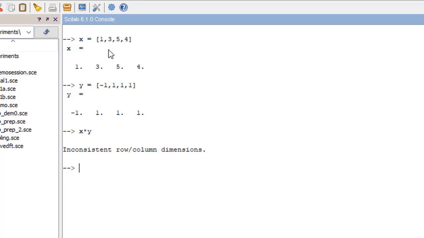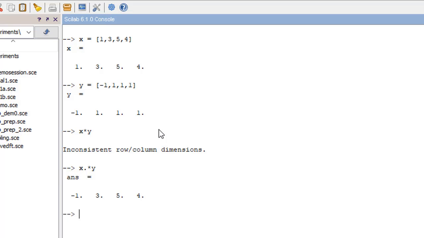Whenever you want element-wise multiplication, you write x dot star y. Whenever I put a dot followed by a mathematical operator, I am doing it element by element.